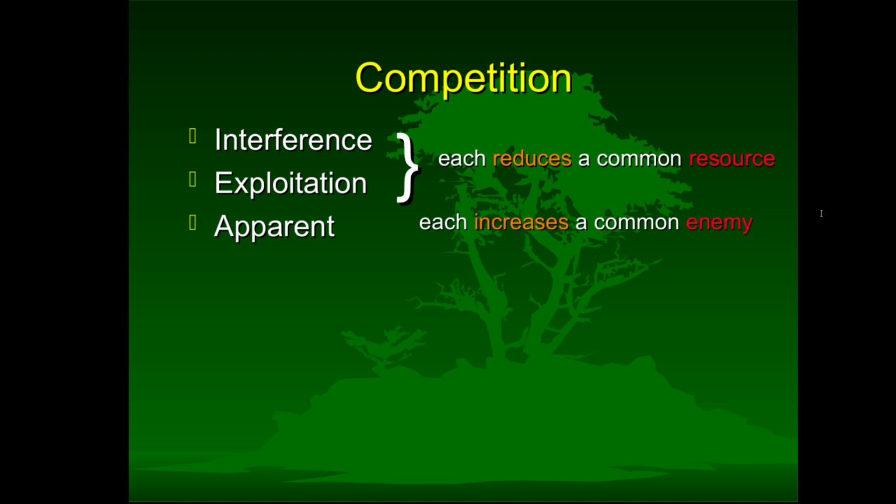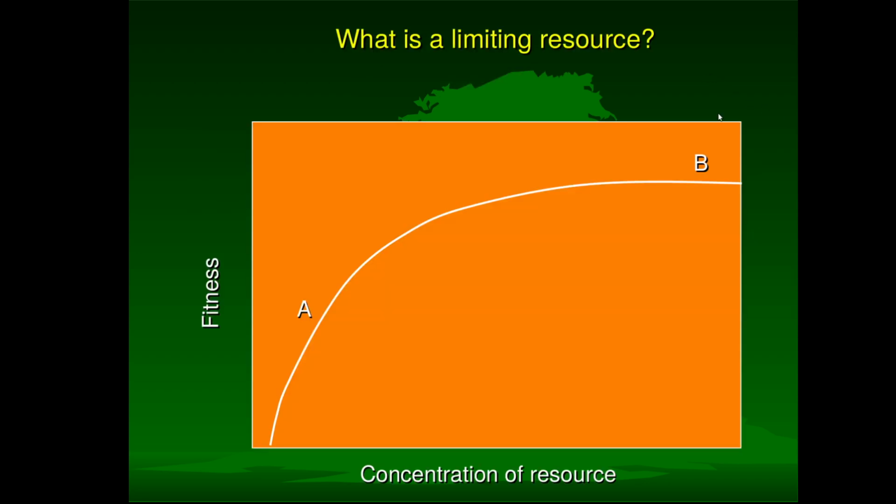So we do this by considering the logistic growth equation, but applying it to both species at the same time. But first, we have to be clear on the idea of a limiting resource. To see what a limiting resource is, consider a curve of concentration of a resource or abundance of the resource against the fitness of the consumer. As the resource increases from a starting level of 0, the effect on the consumer's fitness is quite high when you increase the resource.